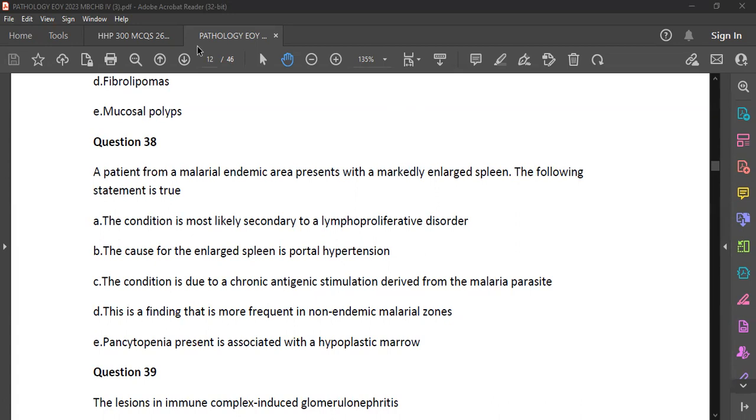All right. So, we're just looking at the most obvious answer, the most correct answer. So we said that it's a malarial endemic area. And we gave an example of places like Kisumu, where the person is going to be exposed to the malarial antigen in several bouts. So several exposures. So you're looking at, okay, a lymphoproliferative disorder or even some of these lymphomas can present with a splenomegaly.